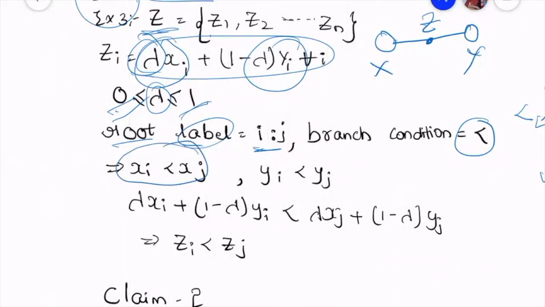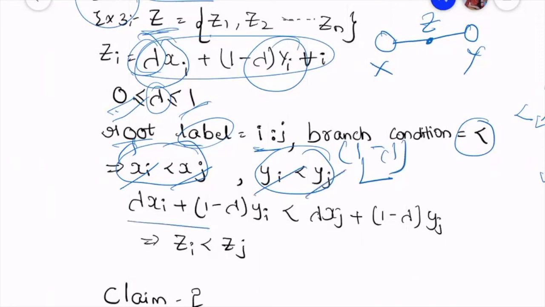The y coordinates also follow the same path because both are reaching the same L node. If I multiply lambda on both sides for the x coordinates, and multiply 1 minus lambda on both sides for the y coordinates, then I will get this equation, which is nothing but zi is less than zj. Here we are saying that the path followed by the x and y instances is automatically followed by z also.